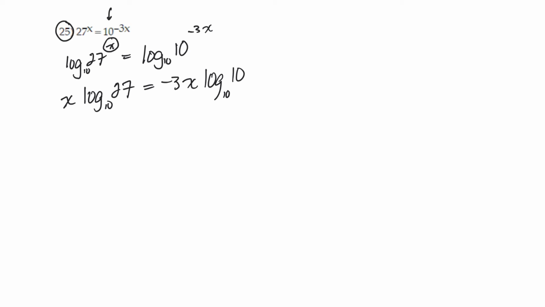Now log base 10 of 10 is just 1, so this stuff on the right side is just negative 3x. Then on this left side, I've got log of 27. Let me figure that. That's probably 1 point something. Log base 10 of 27.